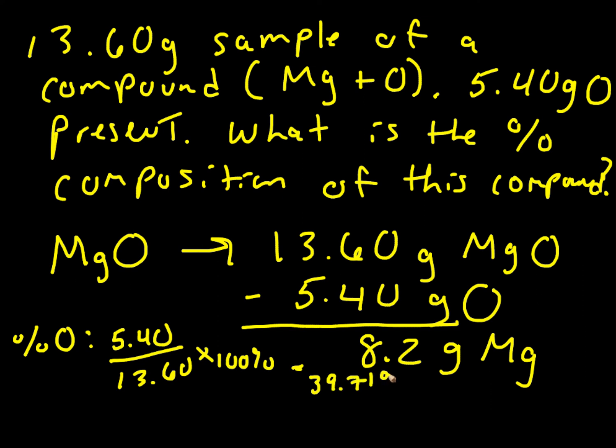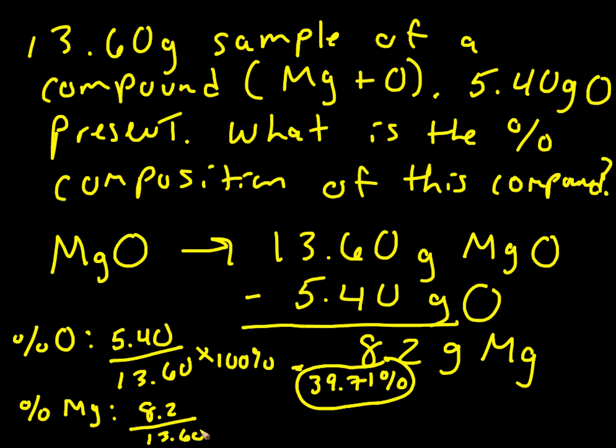And remember, you want your total percentage to equal 100, so make sure we round to the appropriate decimal place. And now our percentage of magnesium, we will have 8.2 grams over 13.60 times 100%. And we will get 60.29%.